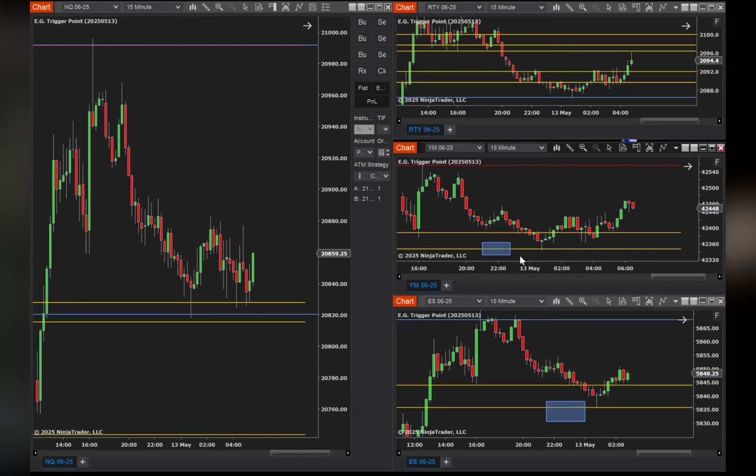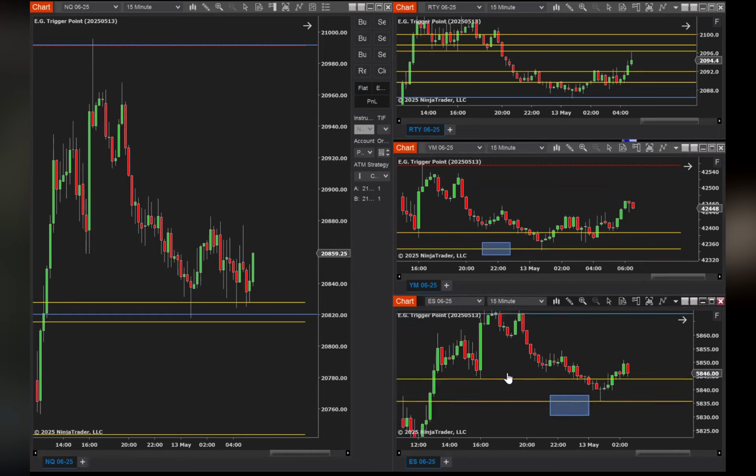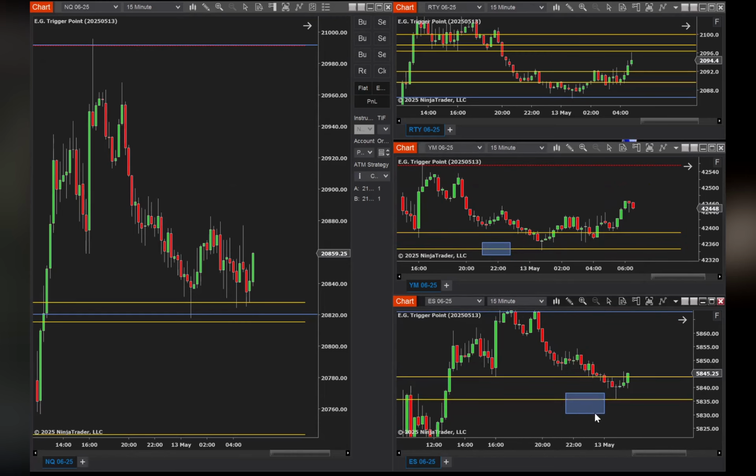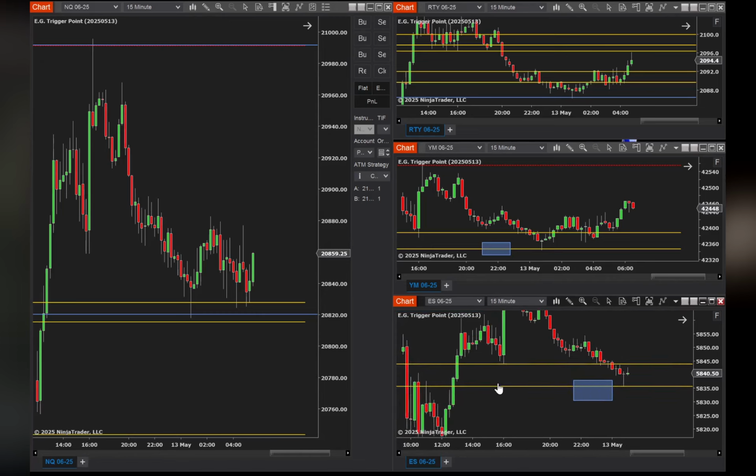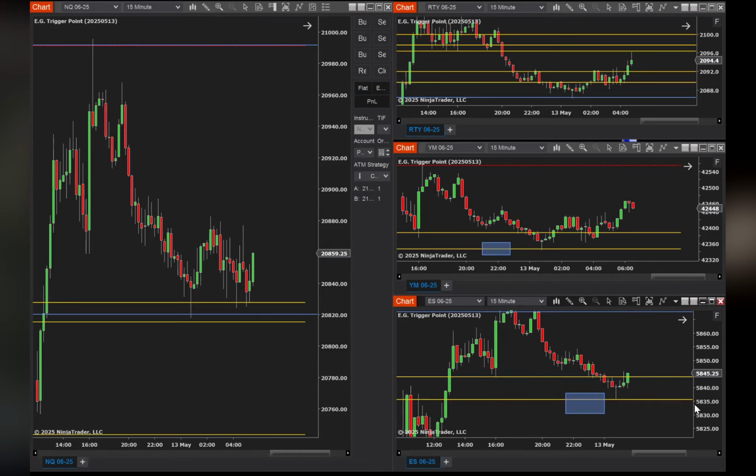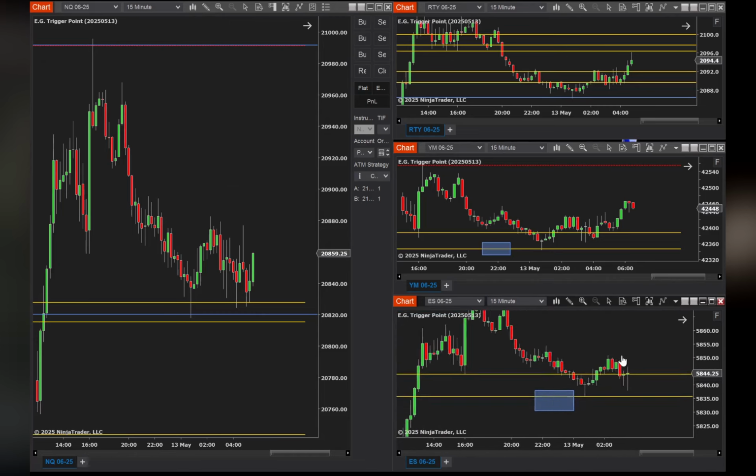YM went down, but it was a strong move to the upside. So again, there's no difference between the levels in the CTP methodology. When they hit their trigger point, we identify that the trigger point, maybe, in this case, YM hit its trigger point together with ES, exactly together. They were highly synced.